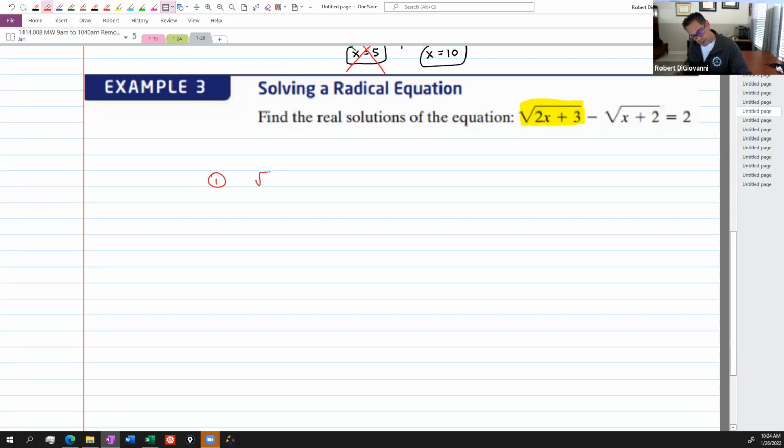So I'm going to take this square root of 2x plus 3, and when I move that radical to the other side, it becomes a positive square root of x plus 2. And then I had a 2 over there already. So all I'm doing here, everyone, is adding this radical on both sides, right? It goes away over here, and then it appears with the 2, so I put it like this. That seem reasonable? We're just isolating one of them.